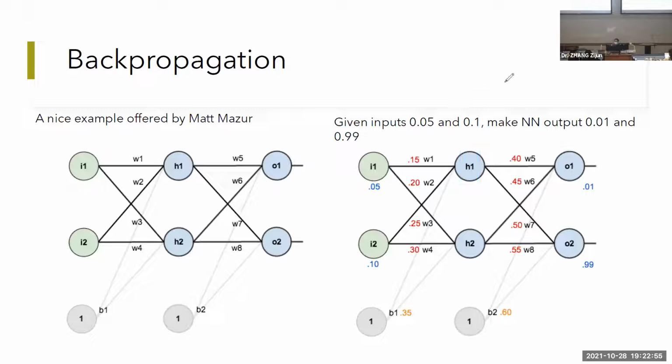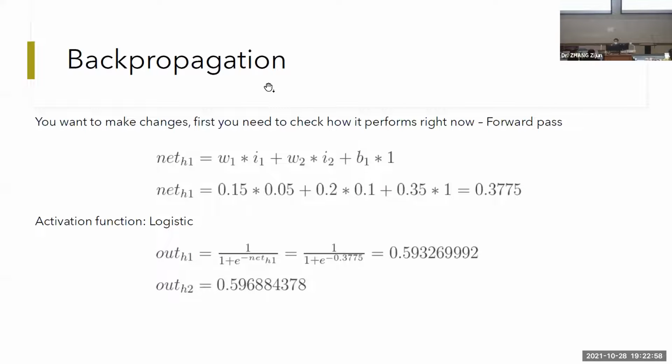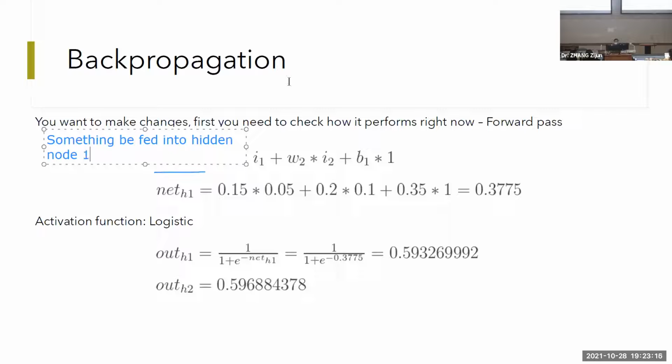Then next, we are able to compute the net H1. The net H1 means something to be fed into hidden node 1. So what is the thing to be fed into the hidden node 1?